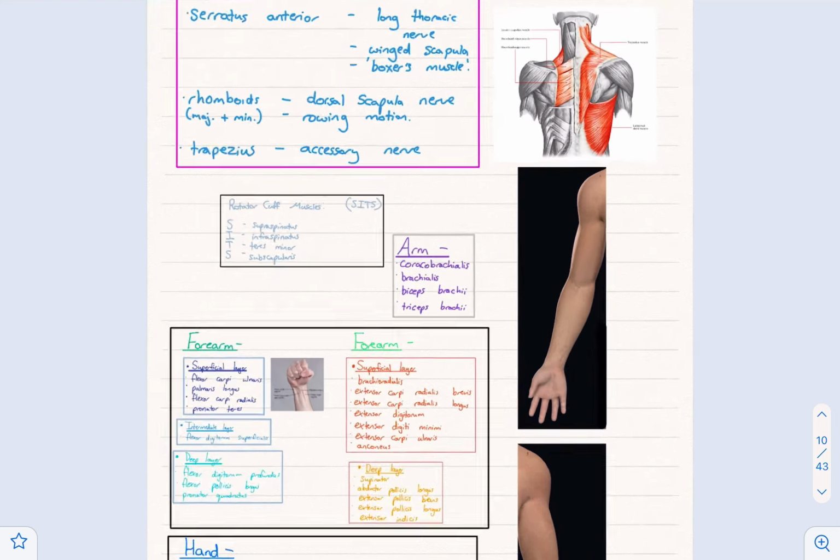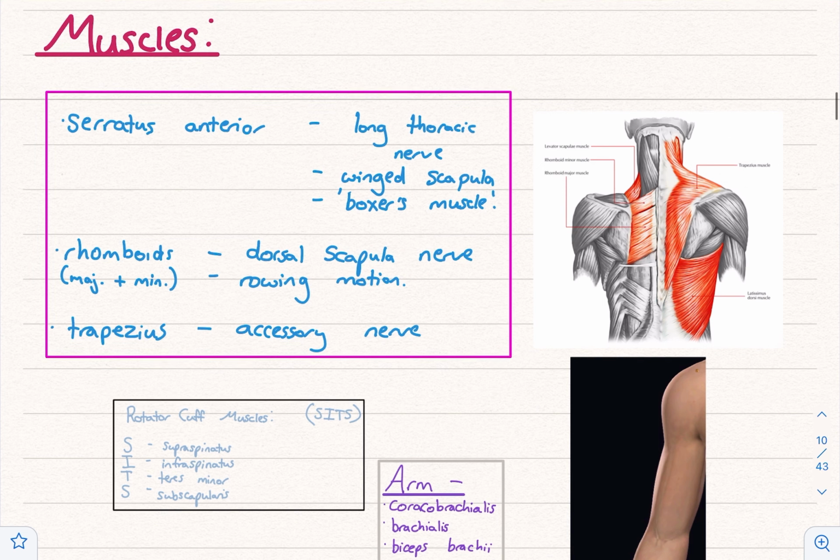Okay, we'll go to the back muscles, because there are a few little tricks that I found quite helpful when learning them, but you've still got to learn all the rest of them. First one, serratus anterior.